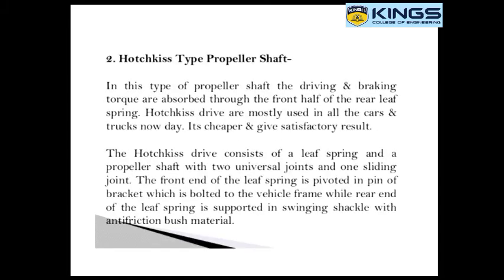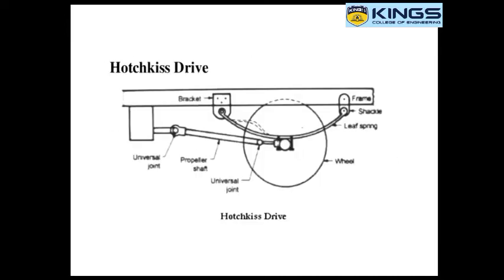Another one is the Hotchkiss drive. Generally, this type of drive is used in all types of vehicles. A Hotchkiss drive consists of a leaf spring, propeller shaft, two universal joints and one sliding joint.